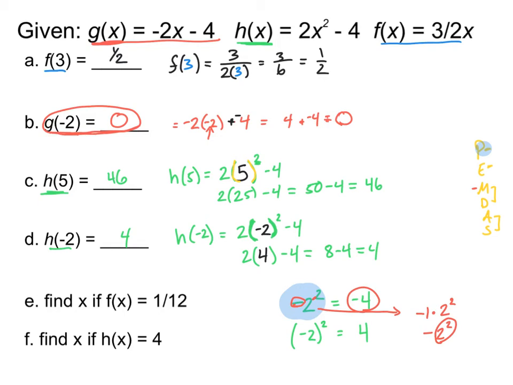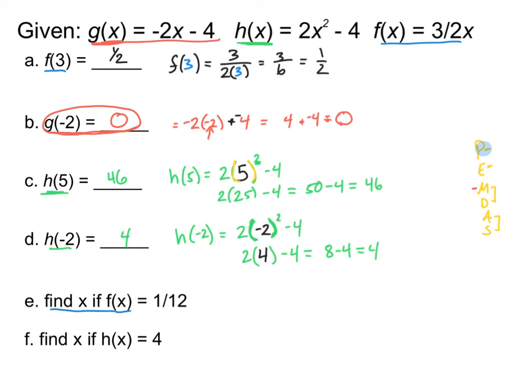All right, I'm going to clean this all up before I move on to the next thing. I got that cleaned up. Now I'm going to move on to part E. I'm going to find x if f of x is equal to 1/12. Well, remember what f of x is. F of x is 3 over 2x, and that's going to equal 1/12. So really this is what I put in for the y value.